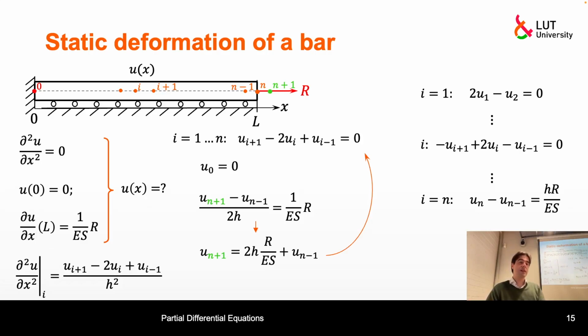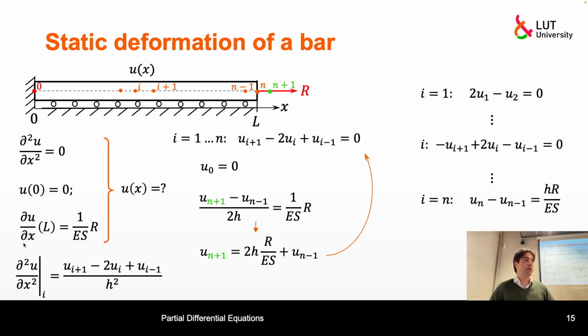Strains in this case are just the derivative with respect to x. I could have used the full derivative, of course, because there is nothing except x, but I'm using partial derivative notation to keep it consistent with other parts of our talk. So don't read too much into the partial derivative here. In this case, it's the same as the full derivative.